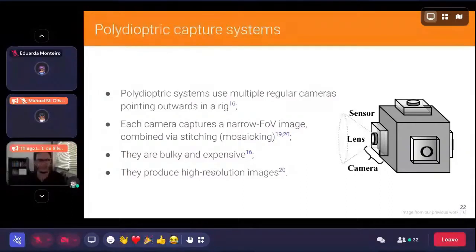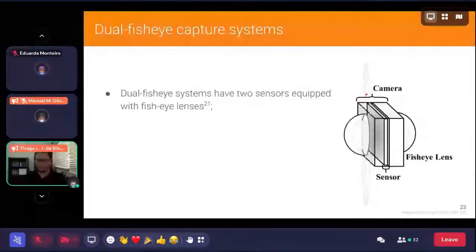Well, and then we have what we call dual fisheye-based capturing systems. The idea of this capturing system is that we have only 2 cameras, each camera with a wide field of view lens. And this lens is actually what we know as fisheye lenses.